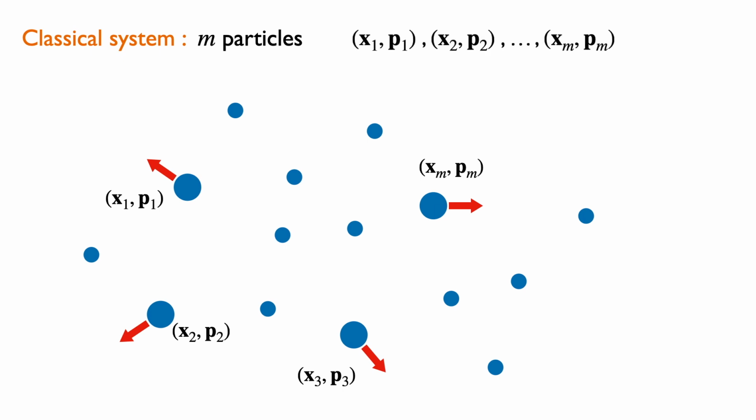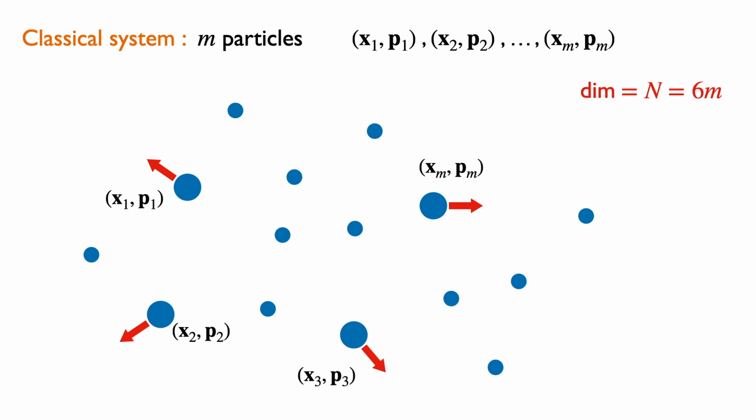The dimension of the system is the total number of variables necessary to specify it, which in this case is 6m, 6 variables of position and momentum for each particle in 3 spatial dimensions.